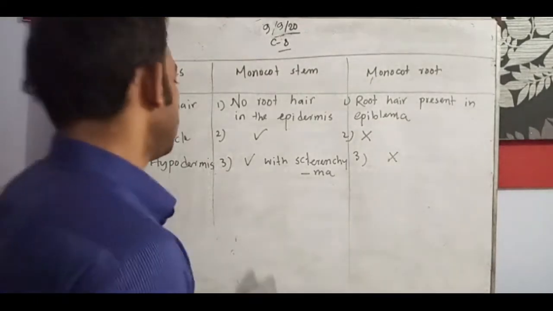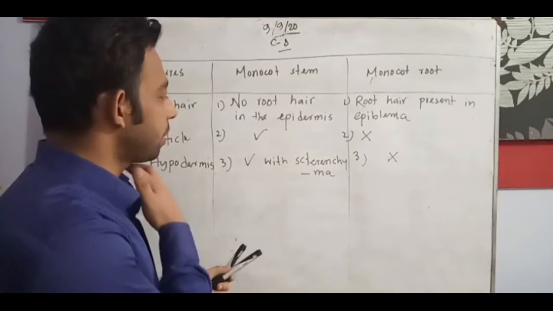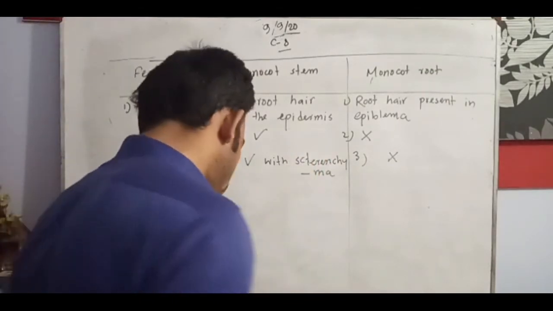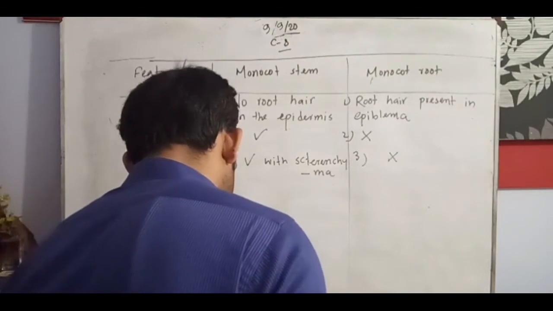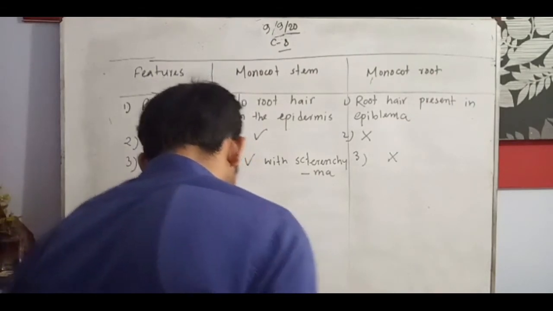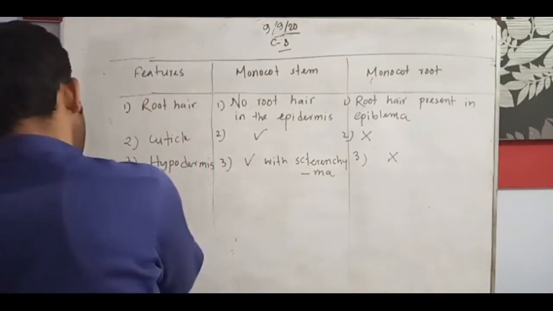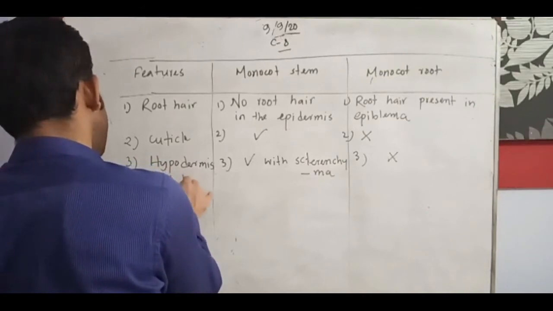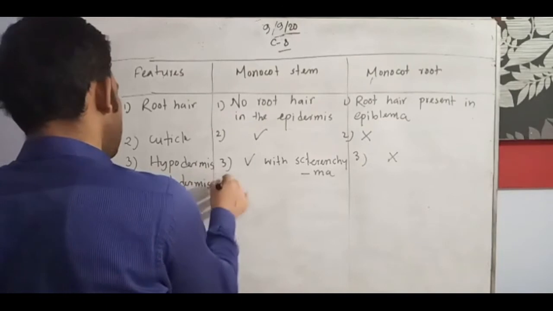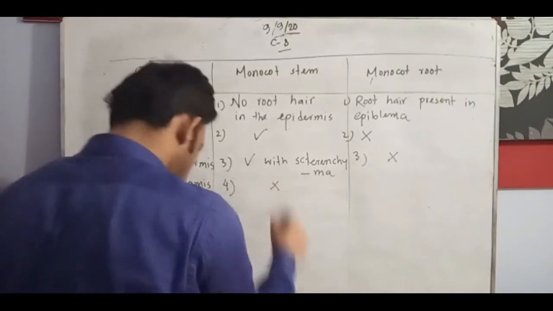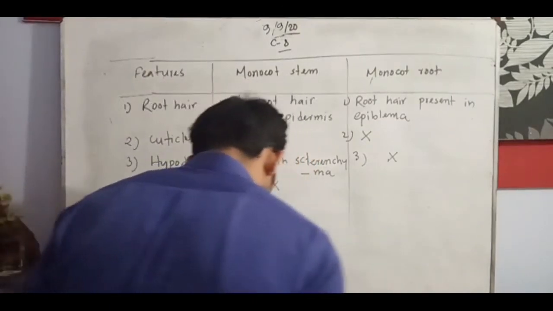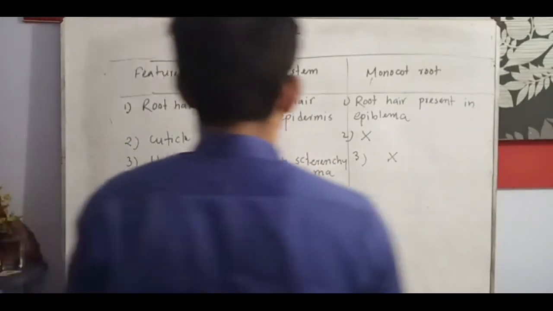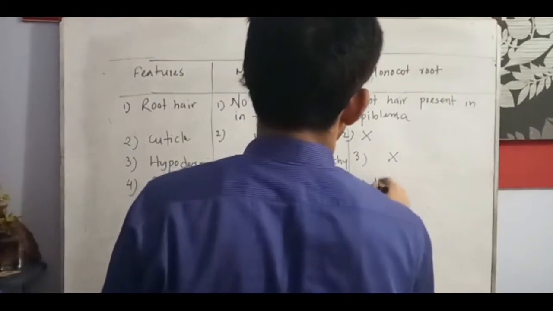Hypodermis is present in the case of the monocot stem with sclerenchyma, but there is no hypodermis in the monocot root. Then endodermis, look here, very important. Endodermis is not in the monocot stem, but it is of course present in the root as a single layered endodermis.